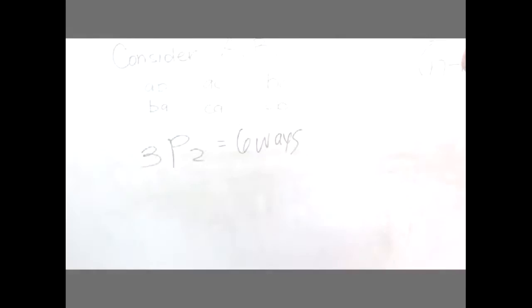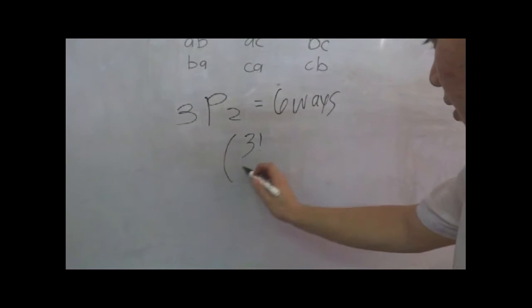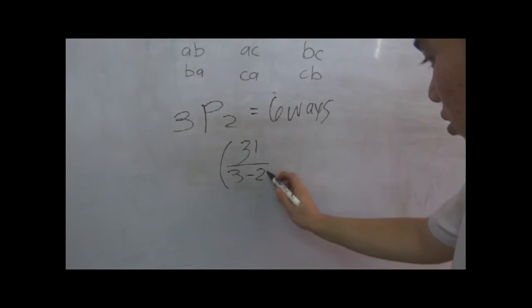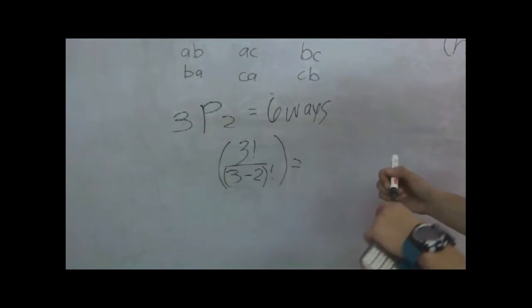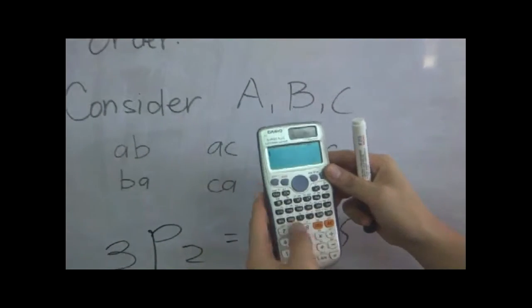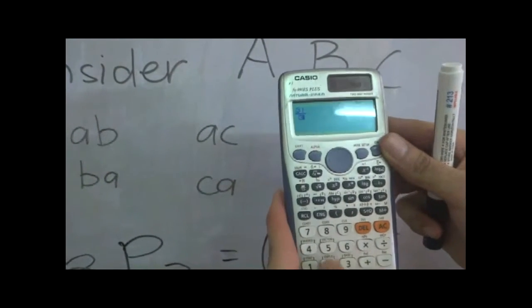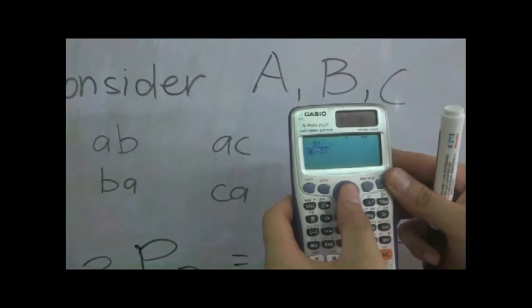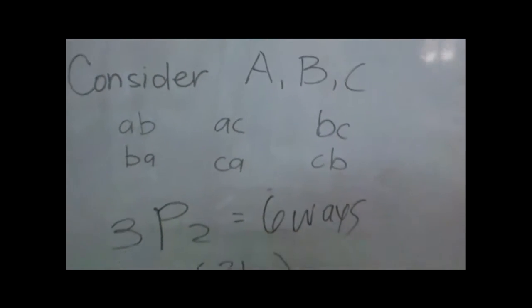we input in our scientific calculator 3 factorial over the quantity 3 minus 2 factorial, which should be equal to 6 ways.